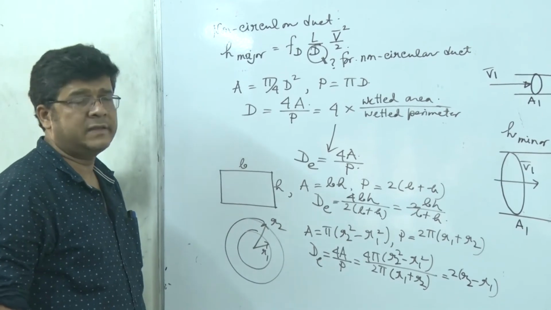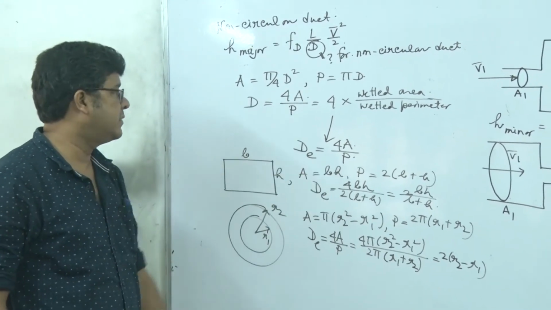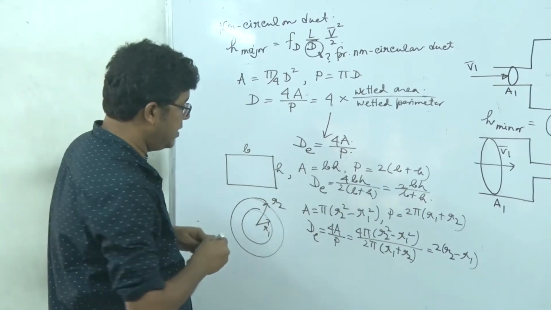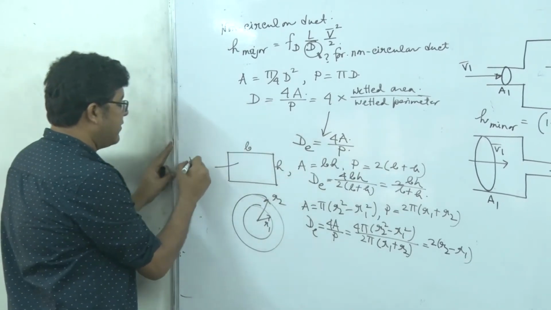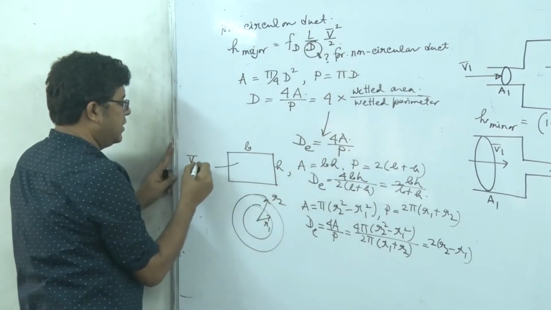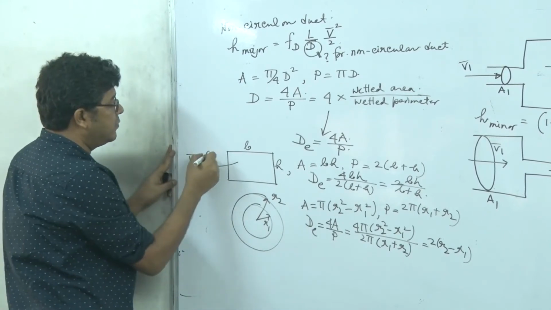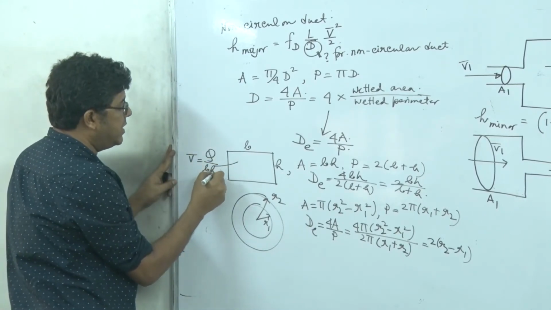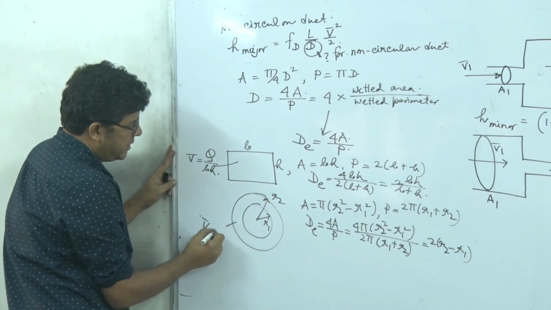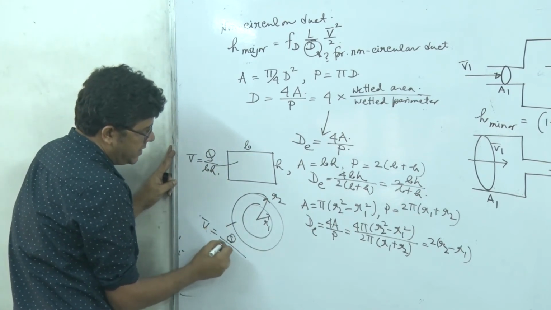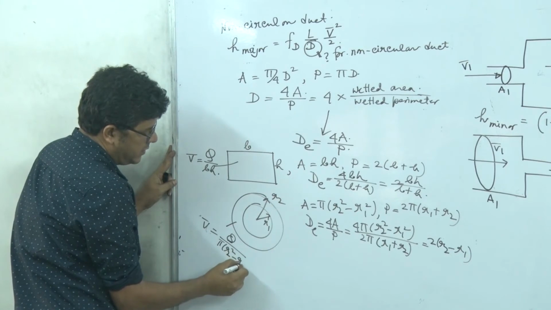So in this way we can calculate the equivalent diameter, but remember, if I am calculating the average velocity to be used here, don't write that it is Q divided by pi by 4 D square, but write Q divided by BH. Or here, the average velocity is Q divided by pi into R2 square minus R1 square.